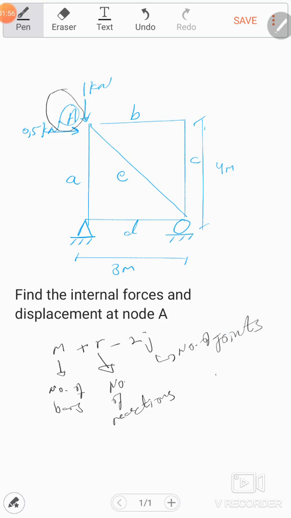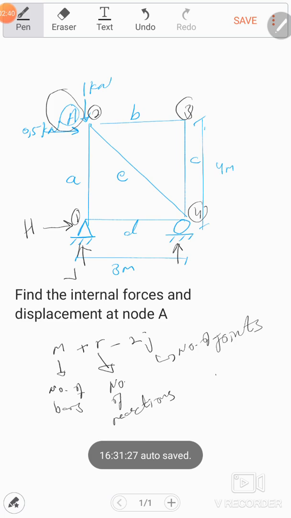So here in this example, this is node number 1, this is number 2, this is number 3, 4. Because we have a hinge, the hinge takes 2 reactions, on the horizontal direction and vertical direction. Also for the roller, we have 1 reaction.